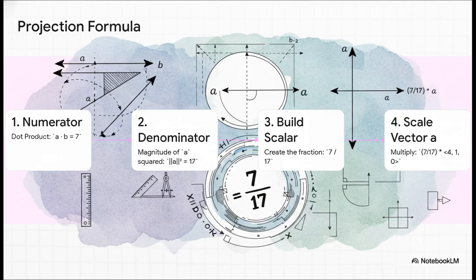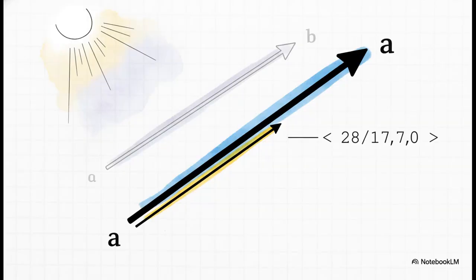That gives us a scalar, a fraction, 7 over 17. And the very last step is to just multiply vector A by that scalar, which basically just resizes it. And there we have it. That's our final answer. That is the projection vector. You can see it points in the same direction as A, just like we said it would, but it's a bit shorter. It is literally the shadow of B on A.